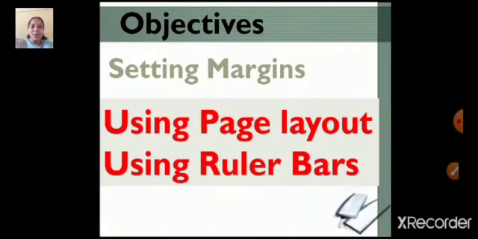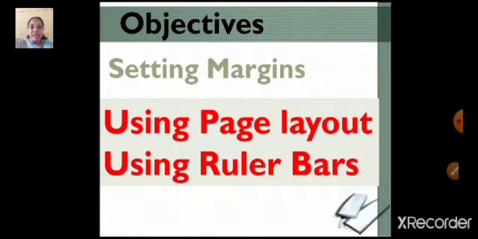So today we are going to discuss one more feature or option which is used to change the page formatting. That is setting the margins. We can set the margins in MS Word document using page layout and also by using ruler bars.